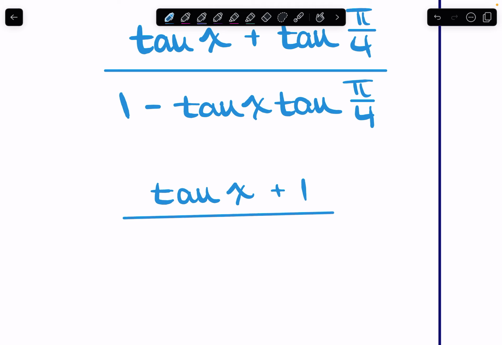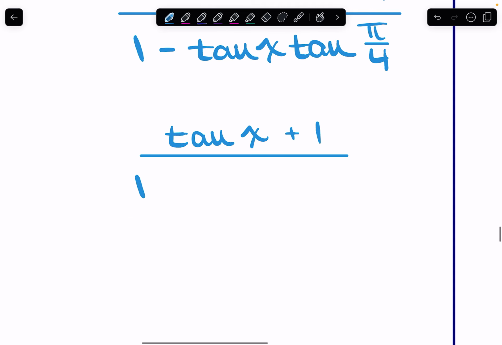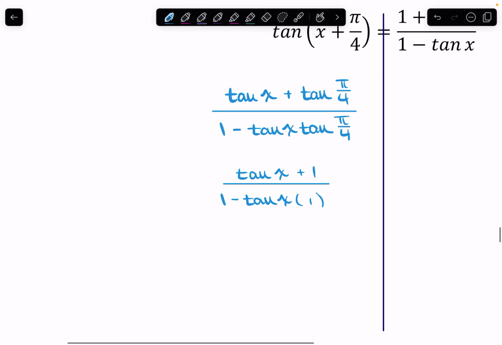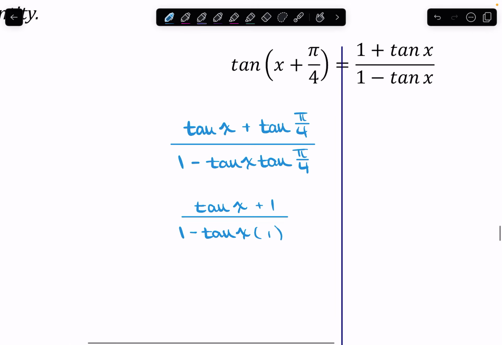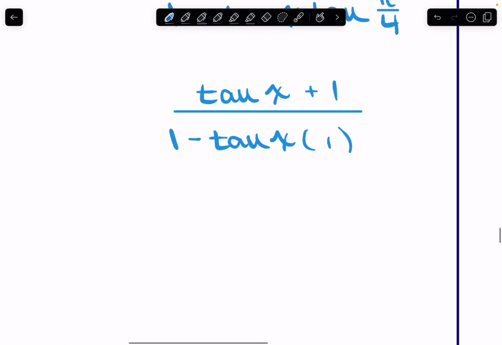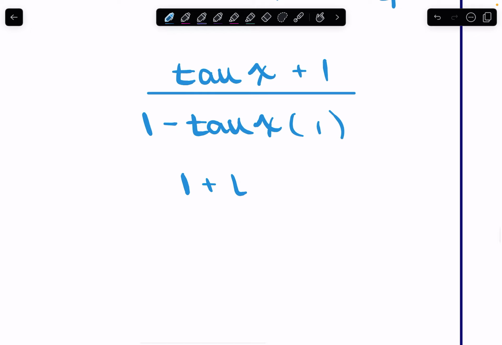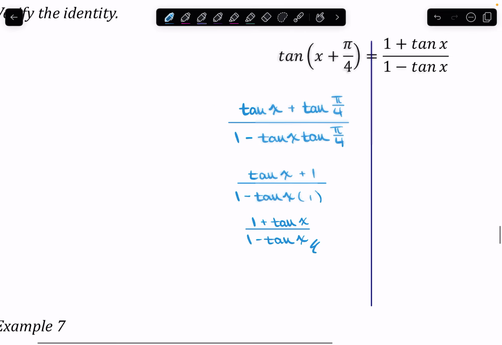Tan of pi 4 on the bottom is also 1, so 1 minus tan x times 1. So if I look, numerator's backwards on the other side, so let's swap it. So 1 plus tangent of x, a plus b, b plus a, doesn't matter. And then 1 minus tan x.